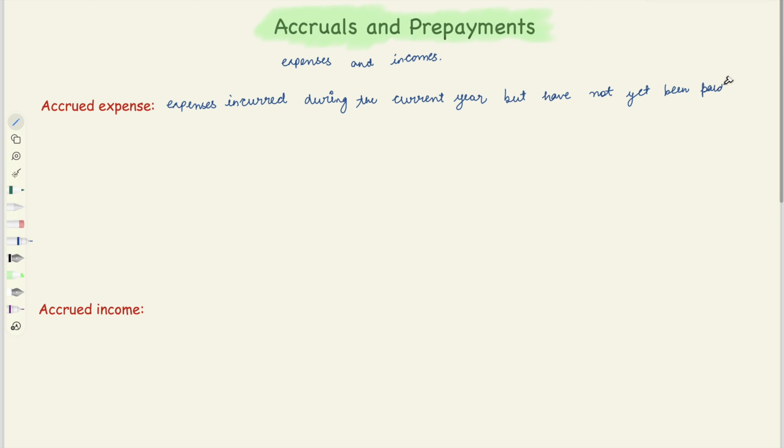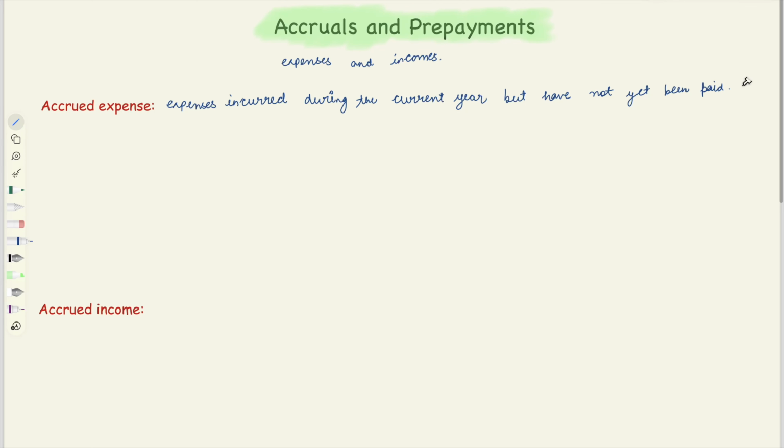So it means that we have taken the benefit of these services. For example, you have incurred the rent, you have used the premises, and you are yet to pay rent. Your rent is due. You have not actually made the payment for it. That is your expenses incurred but not paid. In smaller terms, expenses that you've incurred in the current year but have not paid in the current year.